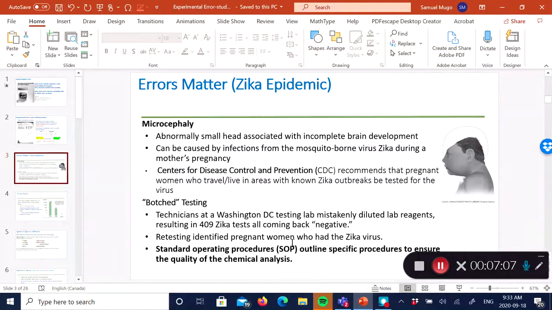Because the impact can be very, very significant. And remember, a few lectures ago, I talked about good laboratory practices and emphasized the idea of standard operating procedures that almost every analytical chemistry lab has to follow, so that the data they produce can be verified. So very, very important.